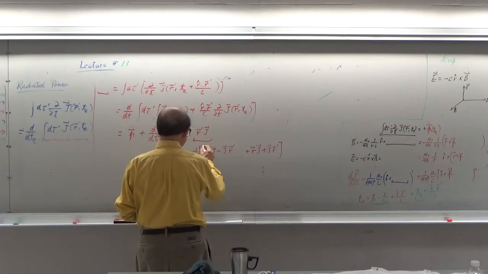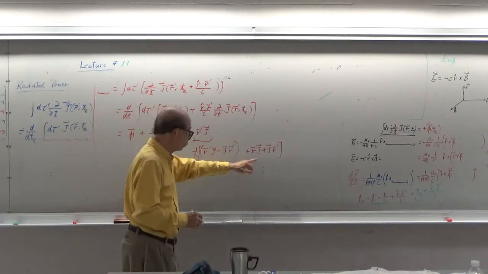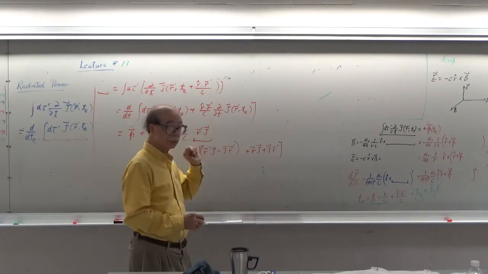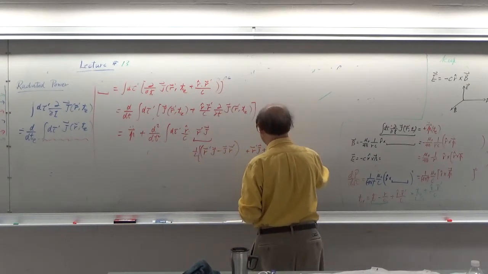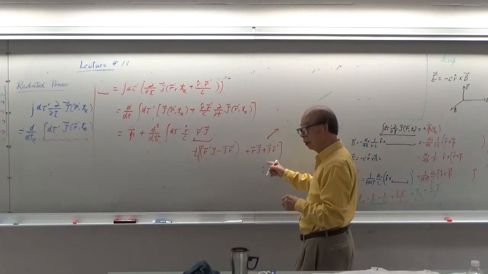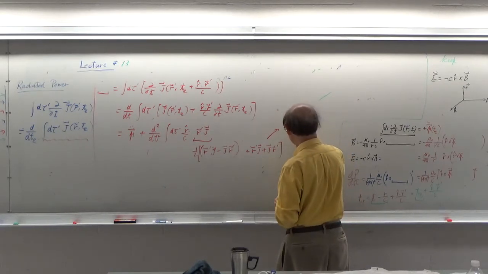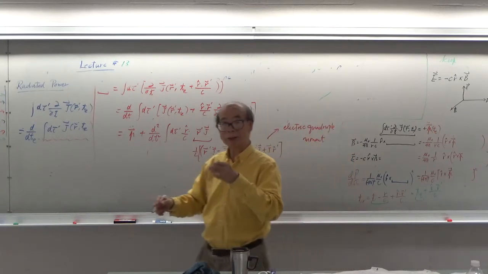Let me take a look at this combination first, and then I will deal with this one. It turns out this term is small compared to this term. This term turns out to involve the electric quadrupole moment, which is one higher moment than the electric dipole moment.